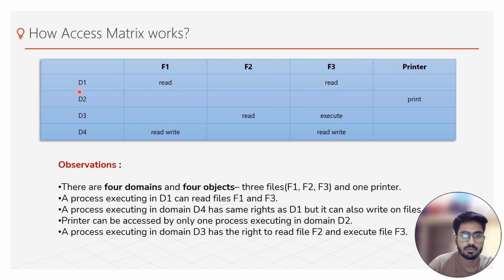An object in D2 can be accessed by only one process executing in domain D2. D3 is similar: domain D3 can read the file F2 and execute the file F3.